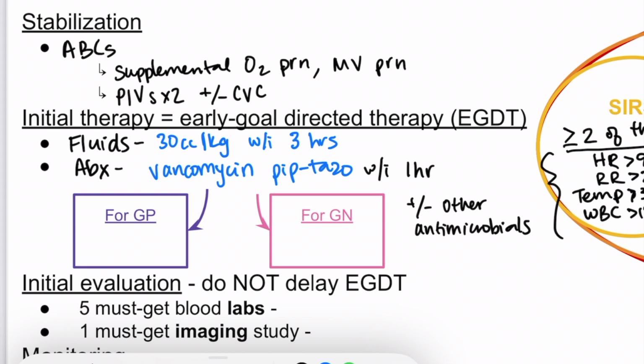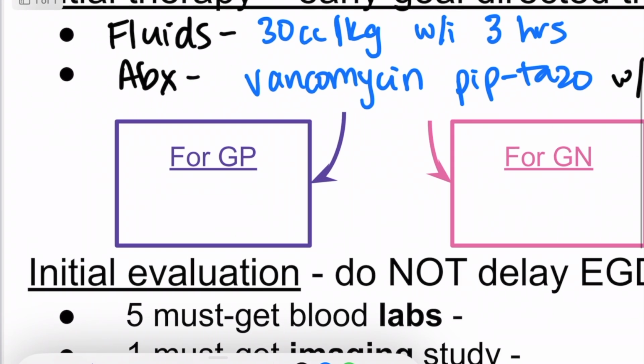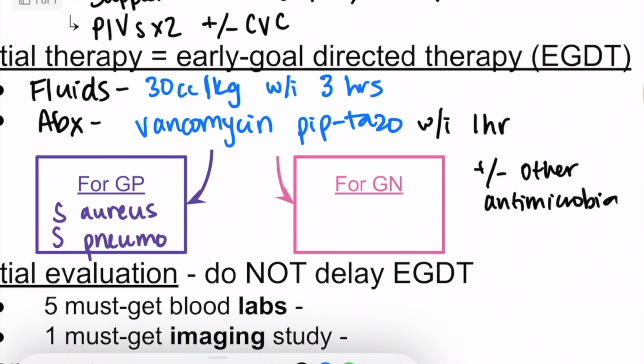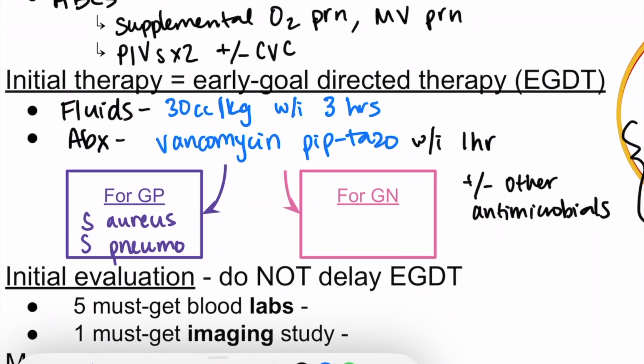Vancomycin is going to help us cover gram-positive bacteria. There are 2 in particular that are frequent culprits. The first is Staph aureus, and the second is Strep pneumo. Vancomycin will help us cover these 2, and even some of the resistant strains such as MRSA.